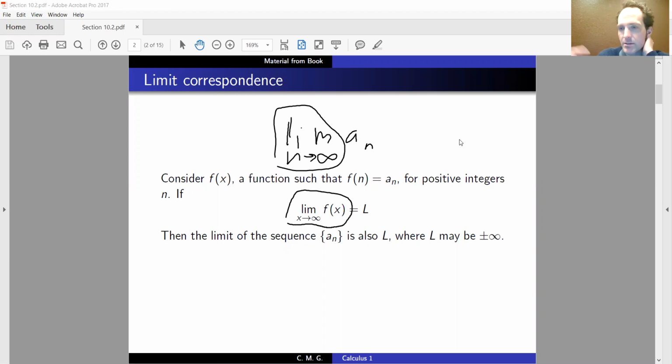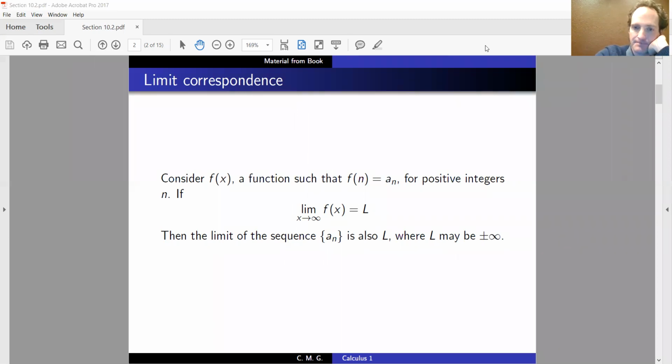So integers are running to infinity, but notice that as x goes to infinity, there's always an integer beyond that x. Whatever value x takes, say pi, there's always something bigger than that, say 4, that is an integer. And so these limits are actually going to be the same. They go to the same place.